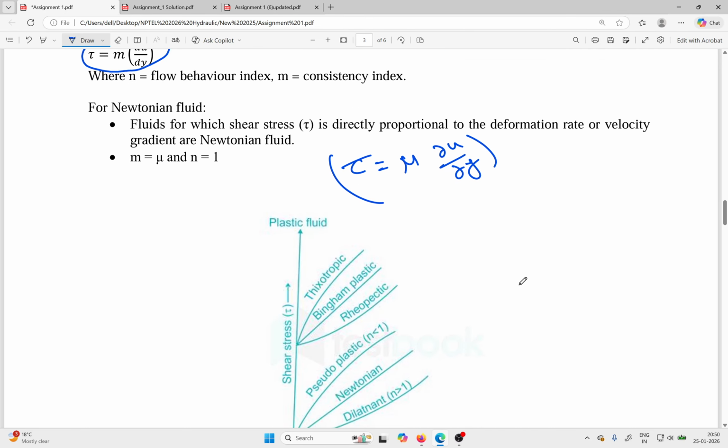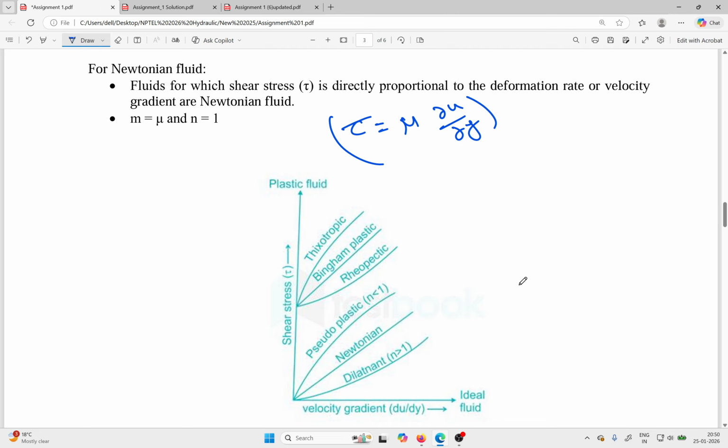So here the example you can see. Very, very, very important. The plastic fluid, ideal fluid, shear stress, and this is your velocity gradient. So you can see very clearly how the thixotropic, Bingham plastic, rheopectic, pseudoplastic, Newtonian, dilatant fluid are behaving.